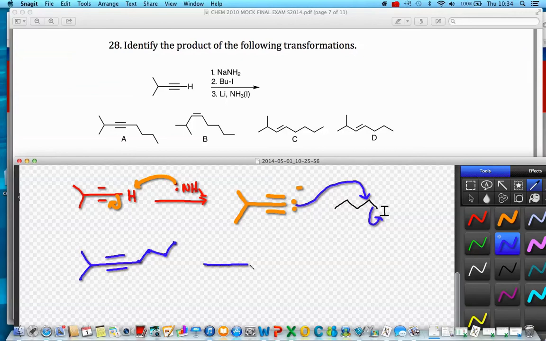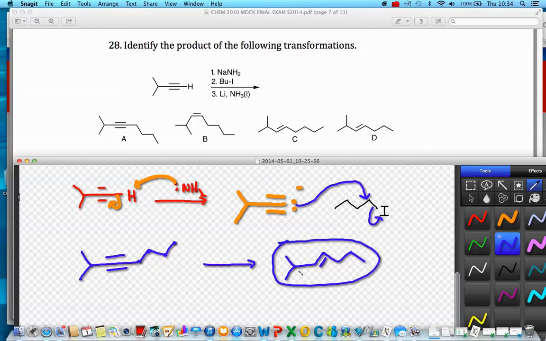Finally, we're going to reduce the triple bond to trans, and so this would be our major product.